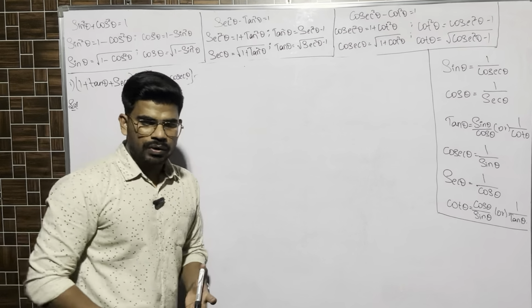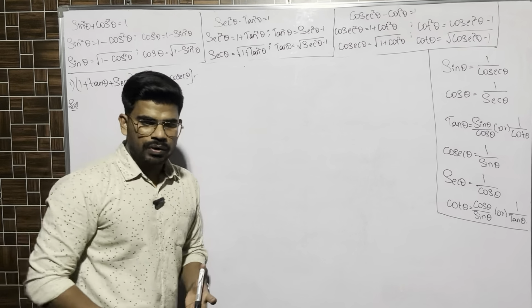A square plus B square plus 2AB, that is 2 sin theta cos theta, minus 1, whole square, divided by sin theta cos theta. This sin square theta plus cos square theta is 1. Instead of sin square theta plus cos square theta, we can write 1.